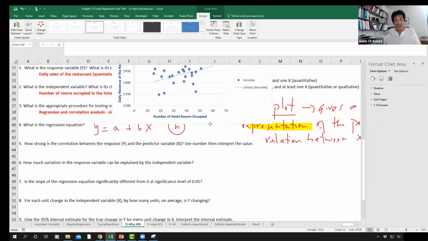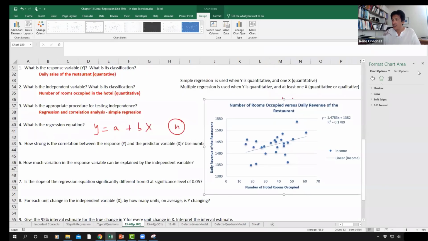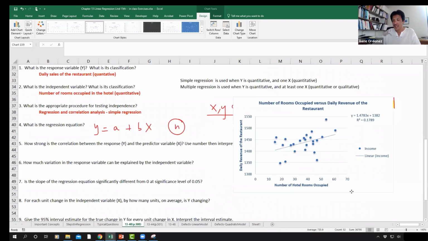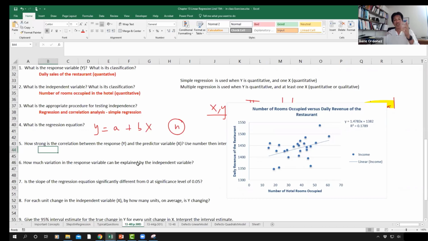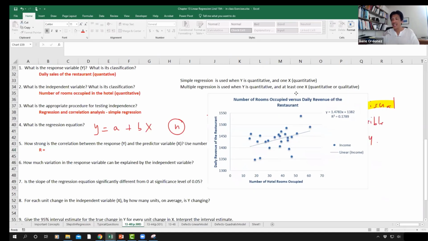Okay. So as far as the question, how strong is the correlation between X and Y. It says use a number, then interpret. So the correlation, or R, is equal to, the graph will not give you the R, but you see the R squared value, right? So the R is actually the square root of R squared.